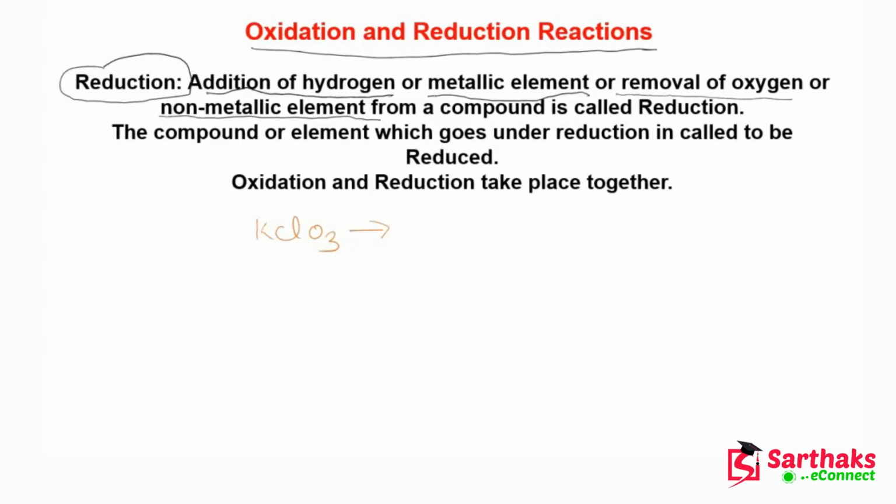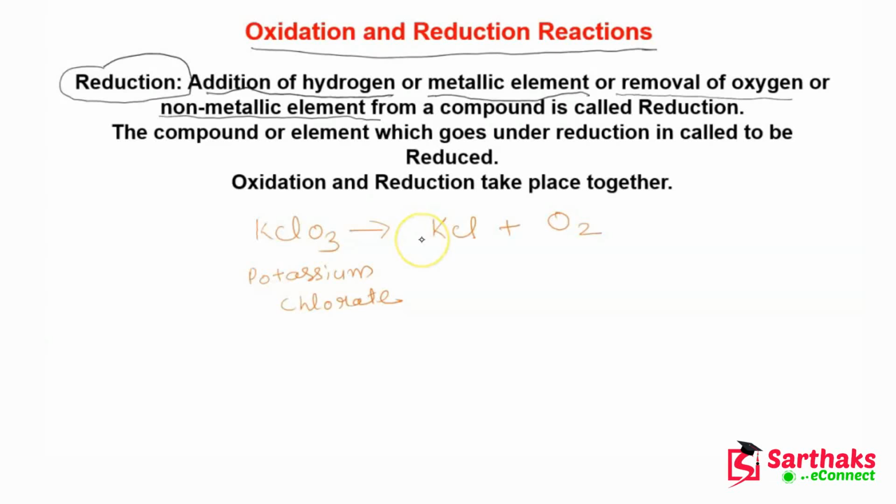Now this will break into potassium chloride and oxygen. And, guys, here you can see the oxygen is removed from potassium chlorate. Let me write it here. Potassium chlorate. So oxygen is removed. That's why you will say that this is an example of a reduction reaction.